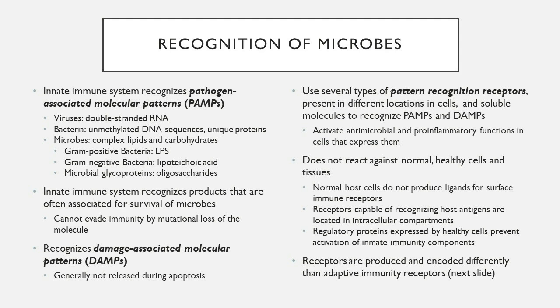This occurs due to three primary reasons. The first is that healthy cells do not produce ligands for the innate immune receptors. Second, for those receptors that might possibly react against host ligands, they're located in intracellular compartments where they should not encounter the host molecules unless something was wrong. And third, there are also regulatory proteins expressed by healthy cells which prevent activation of various components of innate immunity.